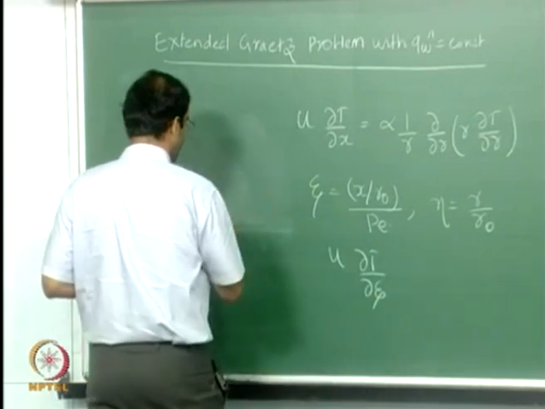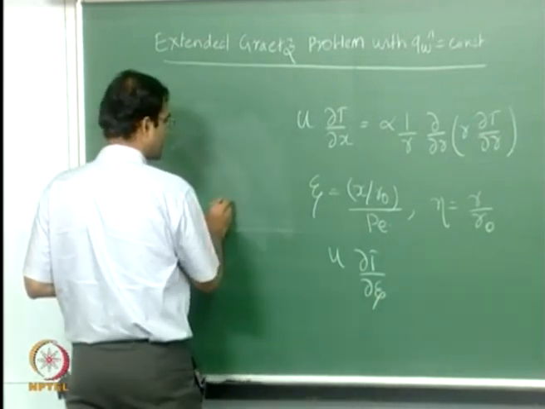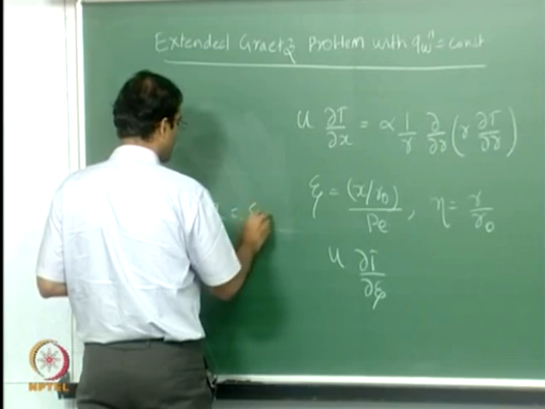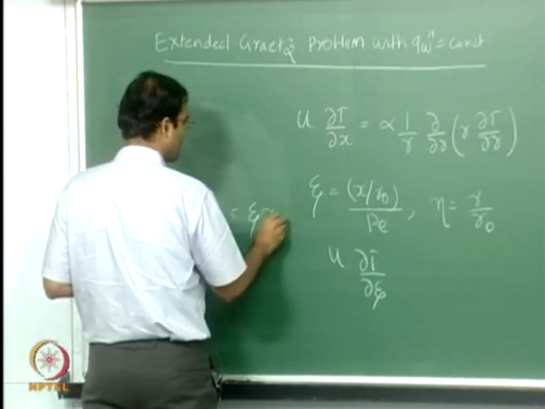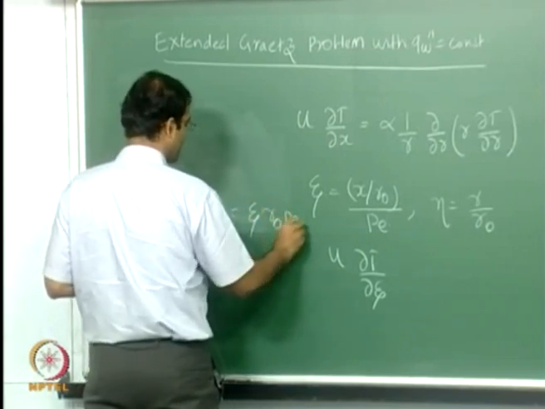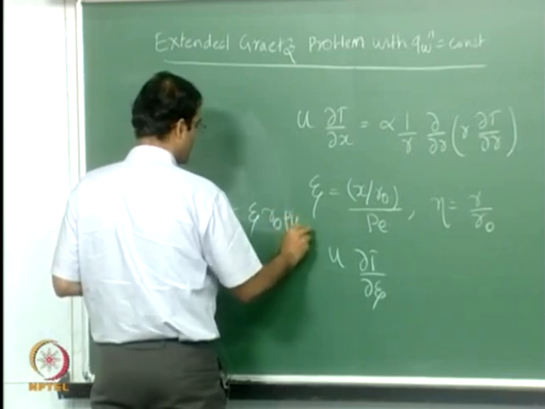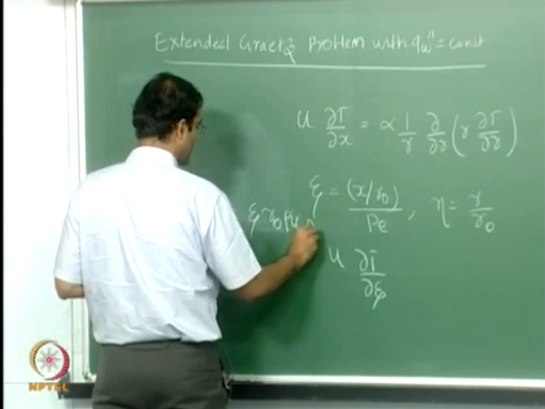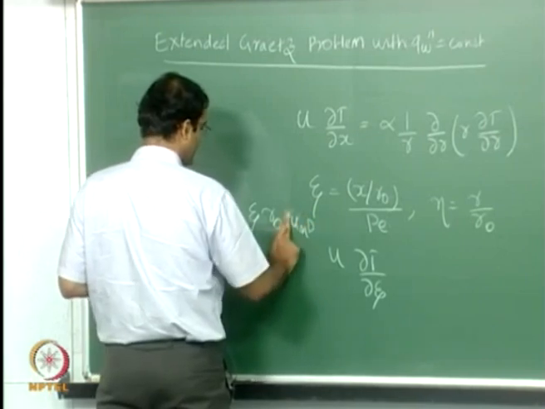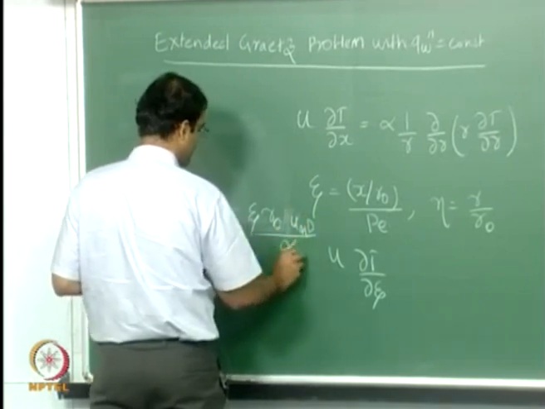So from here you can write your x as zeta into r naught into Peclet number. Now Peclet number is nothing but rho into um into d by, or you can say um d by alpha.